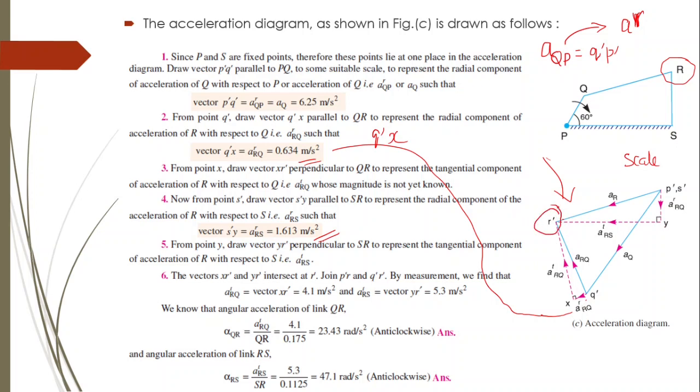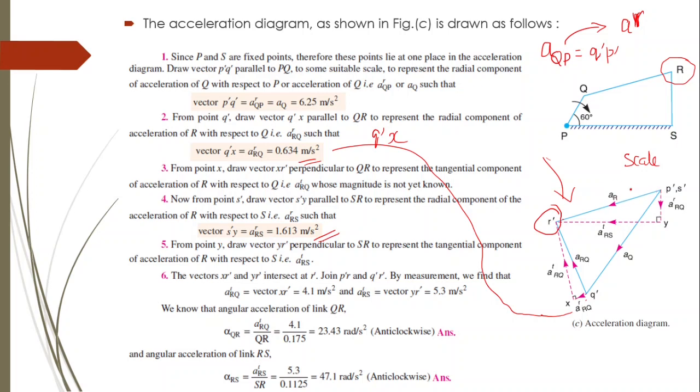We can find R dash by extending the lines of action of the tangential components of accelerations of RS and RQ. Finally we get that point R dash. Then Q dash R dash will become the acceleration of R with respect to Q, and S dash R dash will become the acceleration of R with respect to S, that is equal to the absolute acceleration.